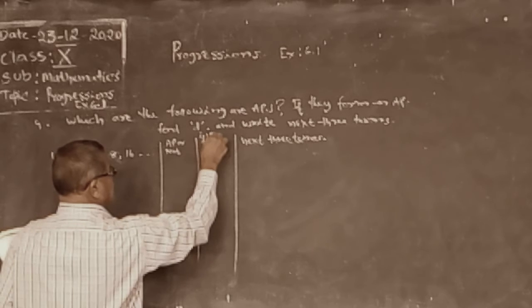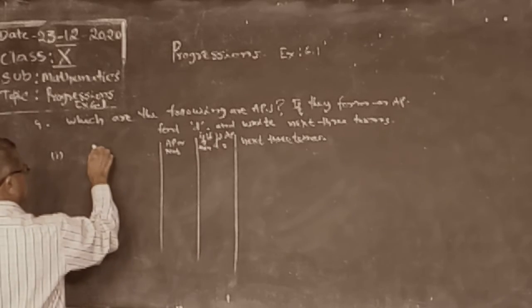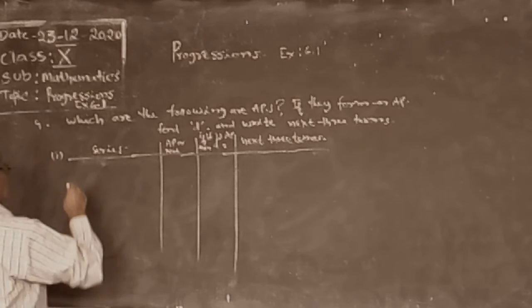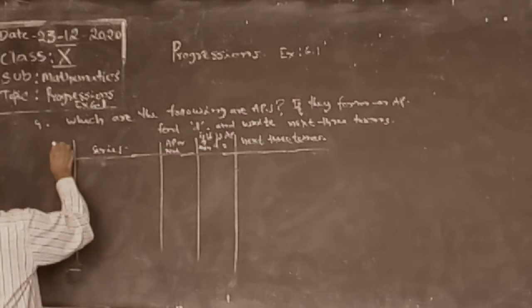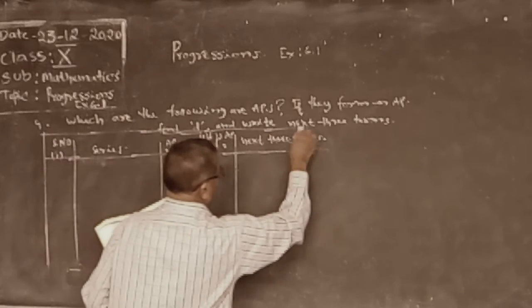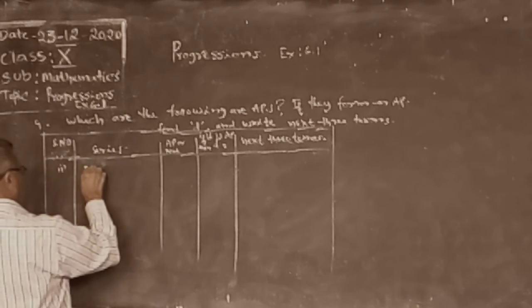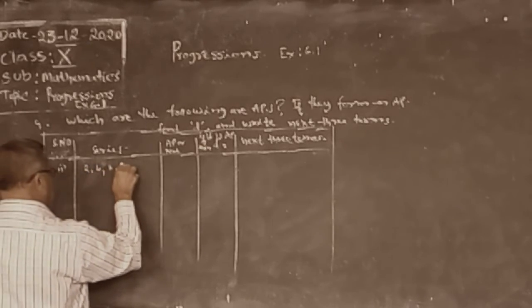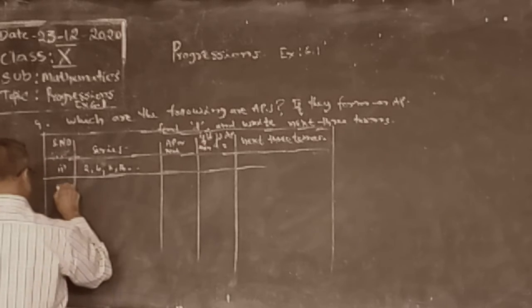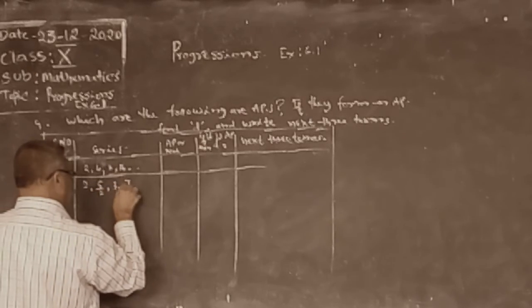If it is AP, then d is equal. Number 1: 2, 4, 8, 16. Okay. 2, 5 by 2, 3, 7 by 2, and so on.